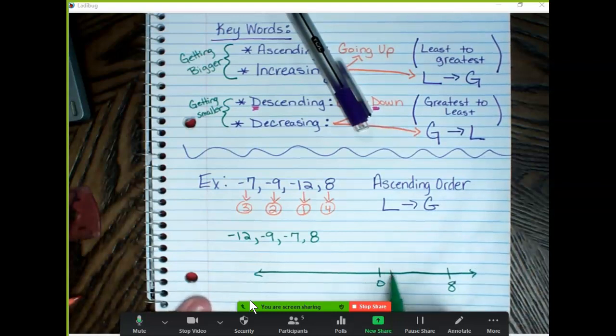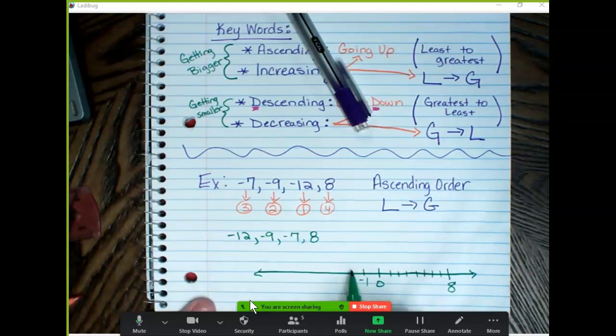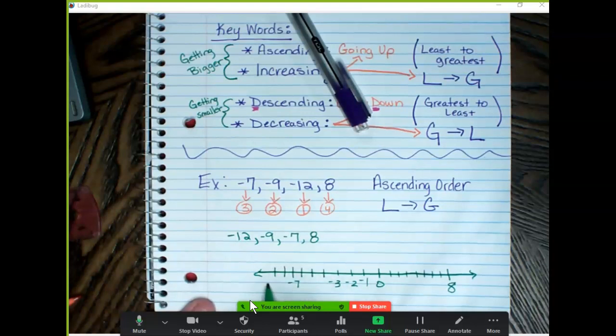I could do 1, 2, 3, 4, 5, 6, 7, 8. And then if I'm starting at 0, I know this is going to be negative 1, negative 2, negative 3, negative 4, 5, 6. There's negative 7, negative 8, negative 9, 10, 11. Oops, I didn't make my number line big enough. There would be negative 12.